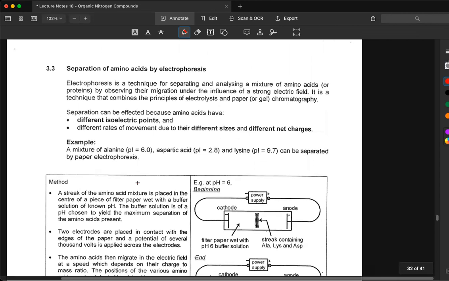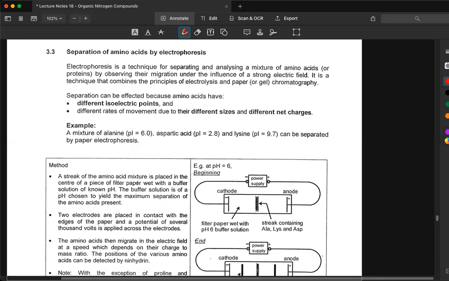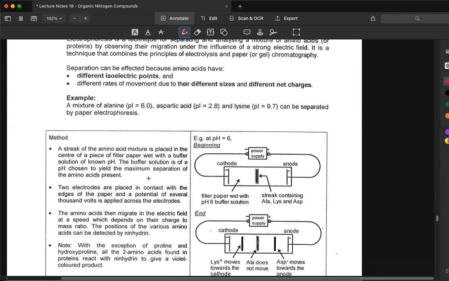Now, electrophoresis is a technique to separate and analyze a mixture of amino acids or proteins by observing their migration under the influence of a strong electric field. It is a technique that combines the principles of electrolysis and paper chromatography.